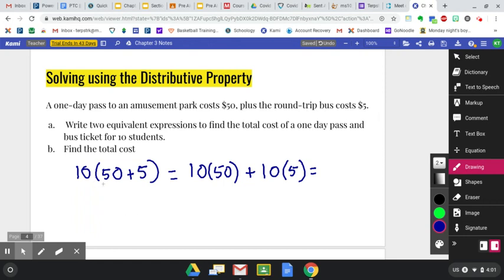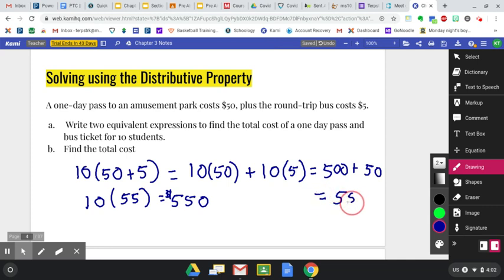And if I solved either one, right, this would be 10 times 55, which should equal $550 total for all 10, right? And you'd see here if we did this individually, we have 500 plus 50, right? 10 times 50 is 500, 10 times 5 is 50.